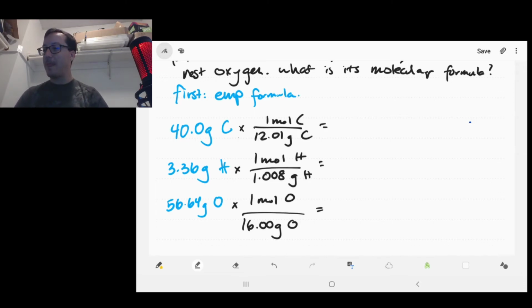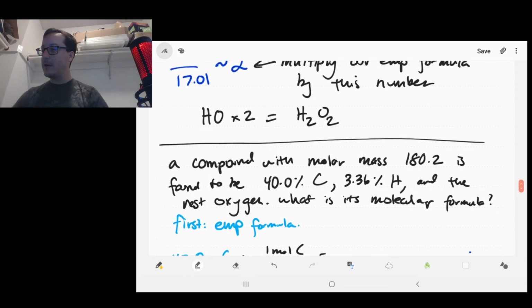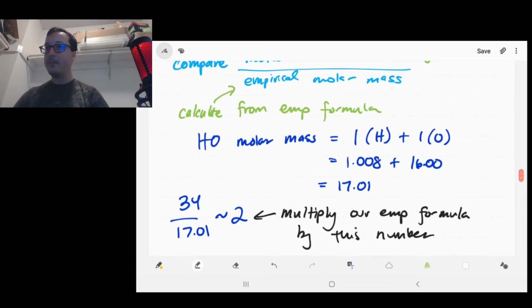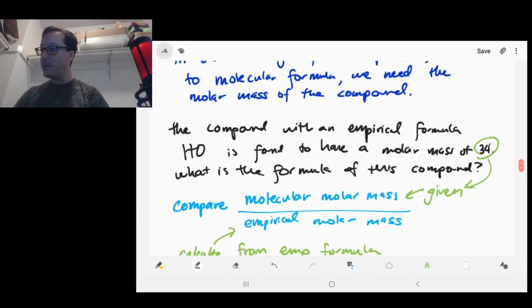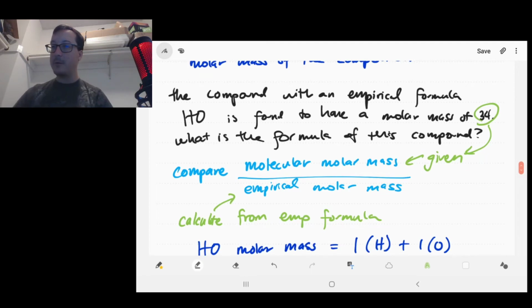Well, all right. So let's scroll up here then. When we maybe was it about starting in this area here where we were talking about going from the molecular mass to empirical mass?